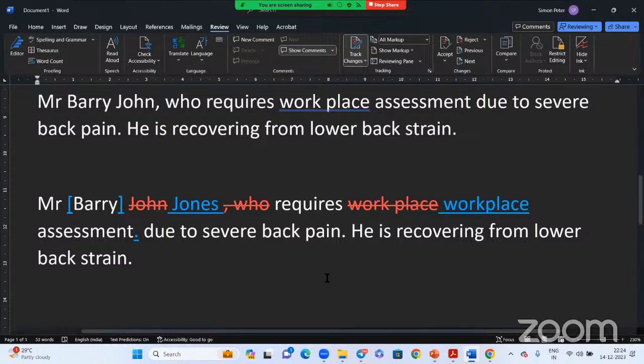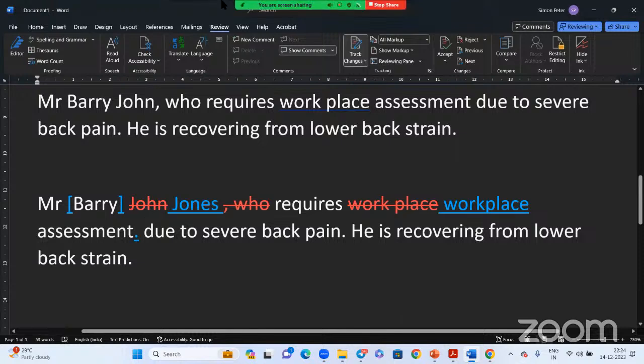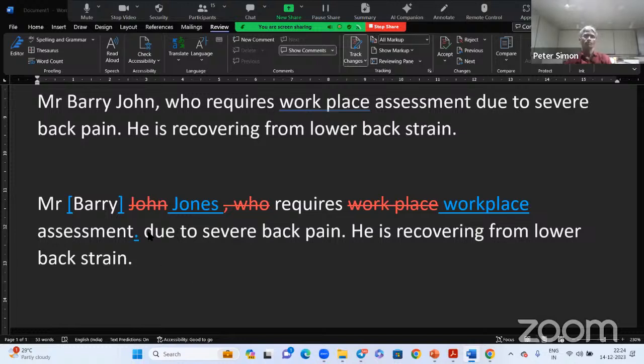Due to severe back pain, he requires workplace assessment. There is no connection there. The connectivity is lost here. Mr. Jones requires a workplace assessment. That is a 100% correct sentence.